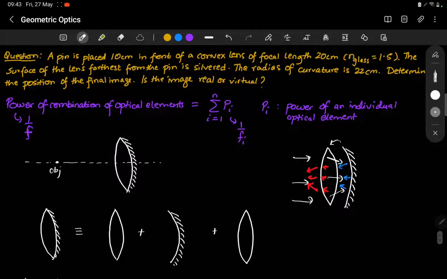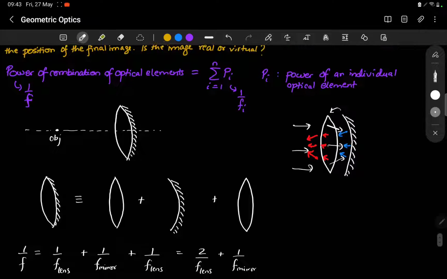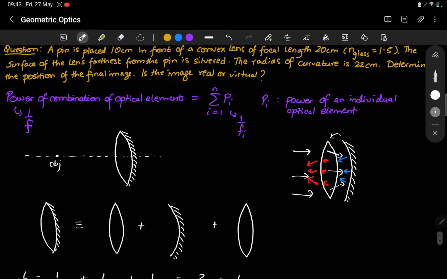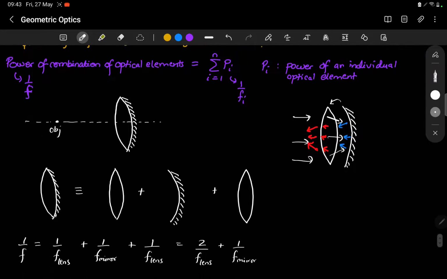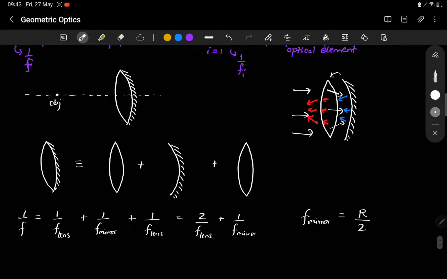Now we are given the focal length of the lens and we are given the radius of curvature. The radius of curvature determines the focal length of the mirror. So focal length of the mirror is radius of curvature divided by 2.